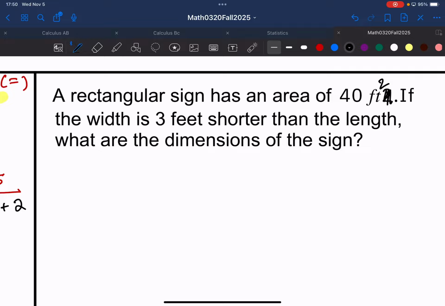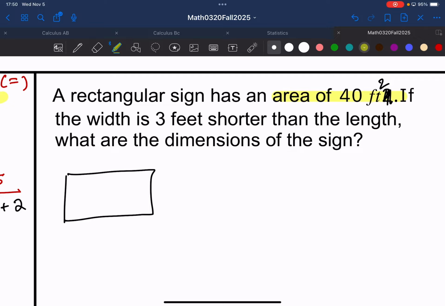So it says a rectangular sign. So I'm going to draw a rectangle. Okay. It gives me the area of the rectangle. Do you guys know the formula for the area of a rectangle? Length times width. So that's important to know. Okay, because we found that the area is 40 feet squared.